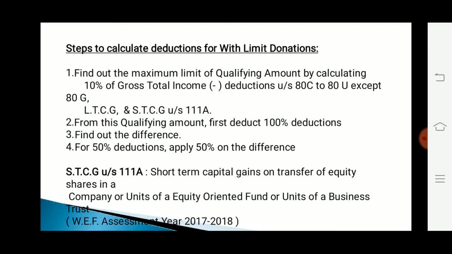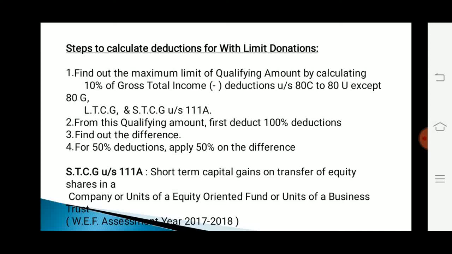Let us now look at the steps to calculate deductions for with limit donations. Number 1: first, find out the maximum limit of qualifying amount by calculating 10% of gross total income minus deductions under sections 80C to U except 80G, long-term capital gain and short-term capital gain under section 111A.